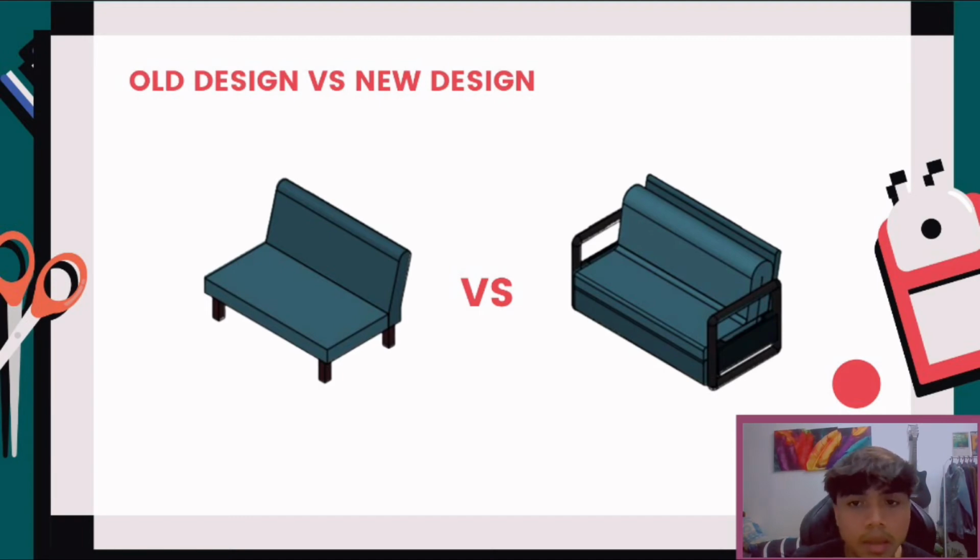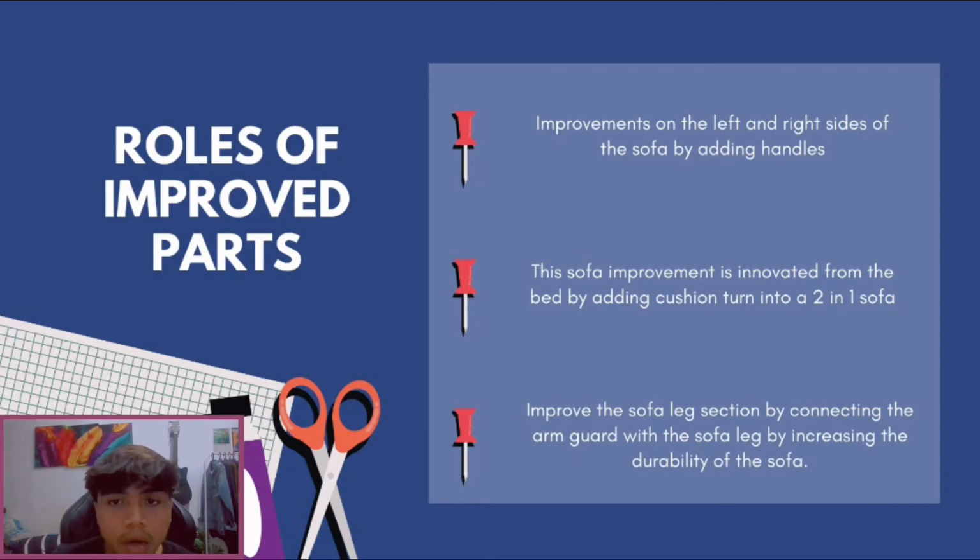Next, I want to explain the roles of the improved parts that we have done using software. First of all, we improved the left and right sides of the sofa by adding handles.